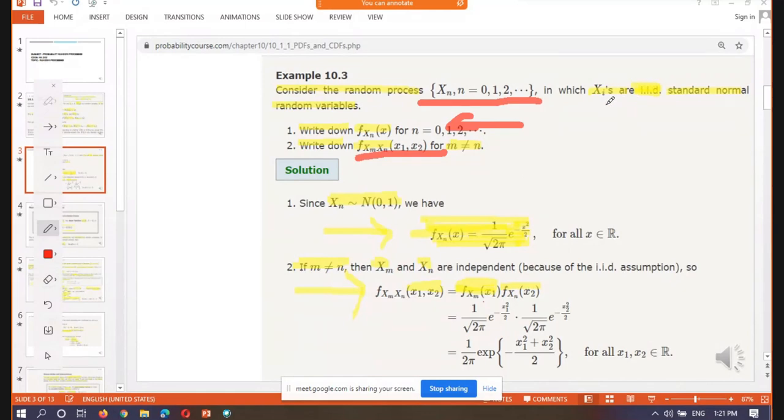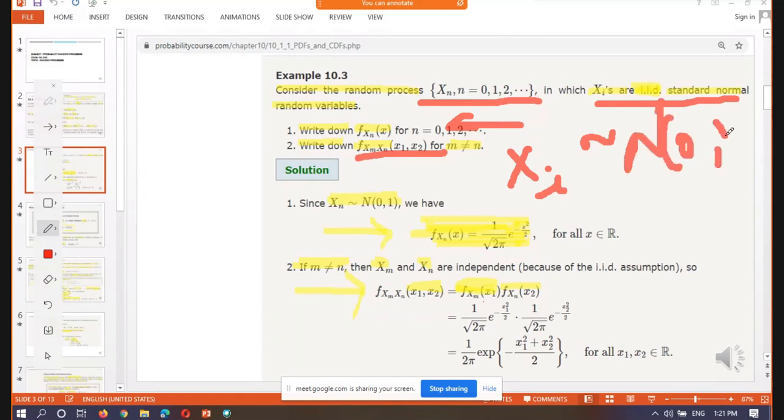As it is given in the question that Xi's are standard normal random variables, standard normal means Xi's follow N(0,1), that is mean 0 and variance 1. And you know that its density function is f of Xn at x equals 1 upon root 2 pi e raised to power minus x square by 2.